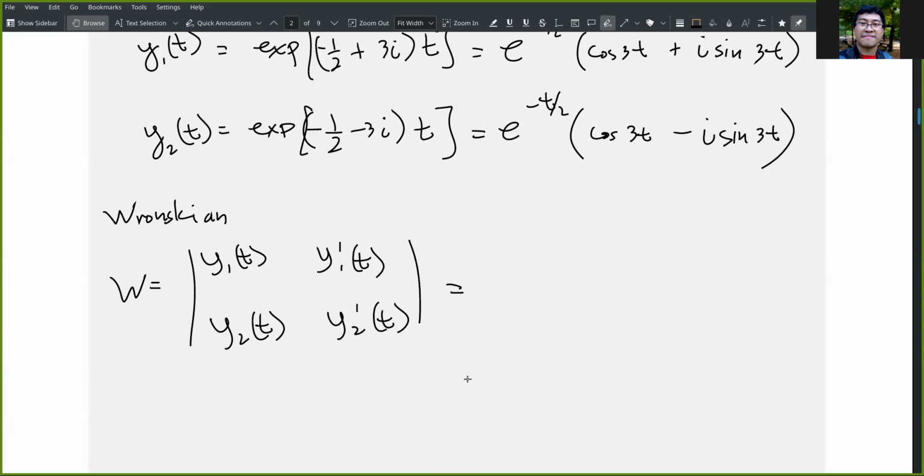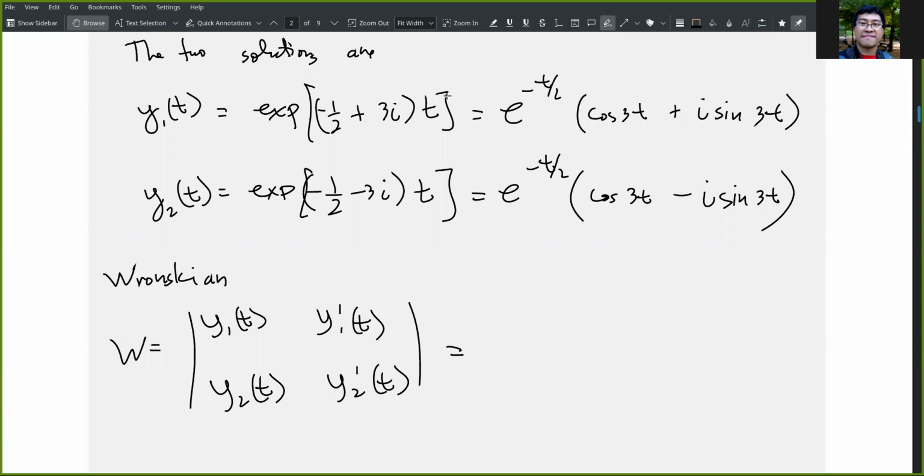Y1 is exponential of minus 1 half plus 3i times t, and its derivative is minus 1 half plus 3i times the exponential of minus 1 half plus 3i t.